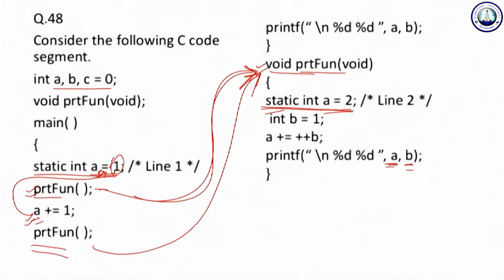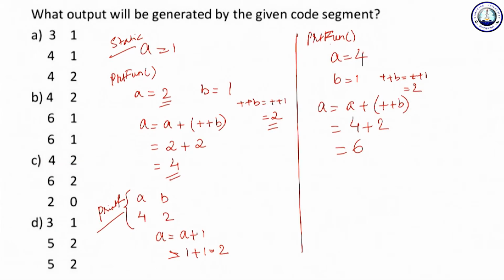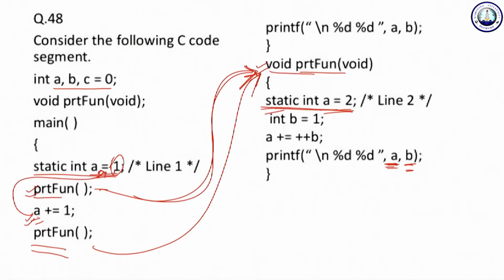So, what is the printf now? Value of A is 6, value of B is equal to 2. So, it will be 6, 2, that is the printf output from this function. Then after this one is done, we will go here and take this value.